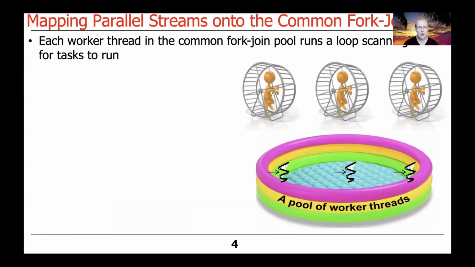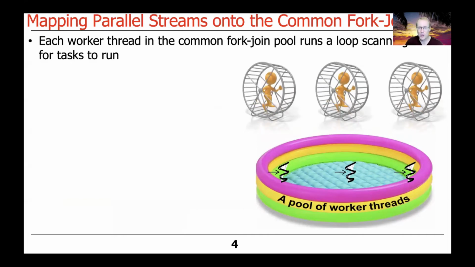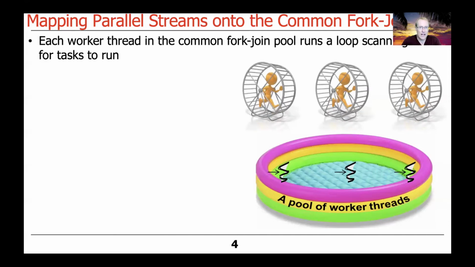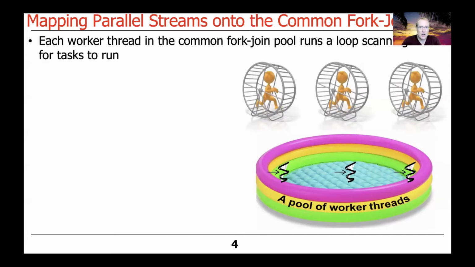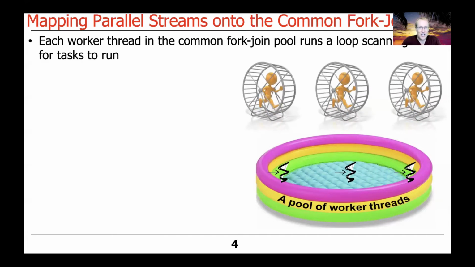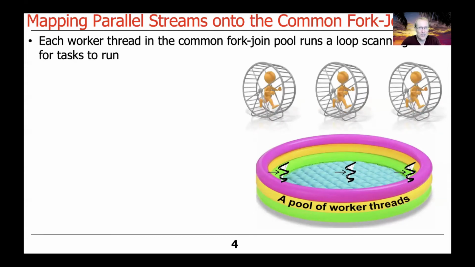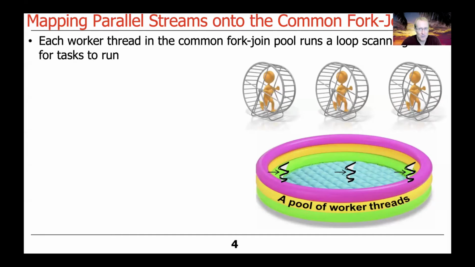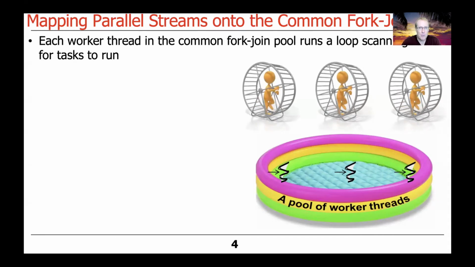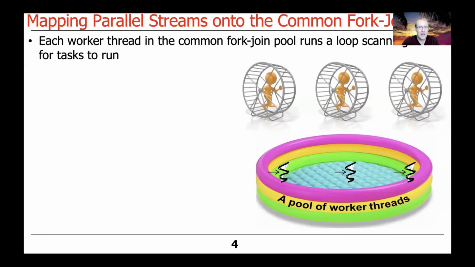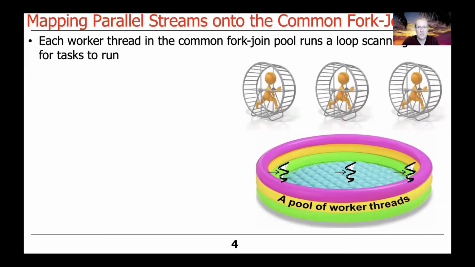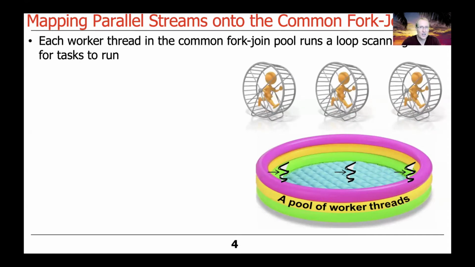So the first thing to know about the common fork join pool is that it has a bunch of worker threads, and by default, there are typically as many worker threads as the Java execution environment thinks there are processor cores on your hardware device. So let's say, for sake of argument, that we're running on my MacBook Pro, which has 8 hyper-threaded cores, which is basically 16 logical cores.